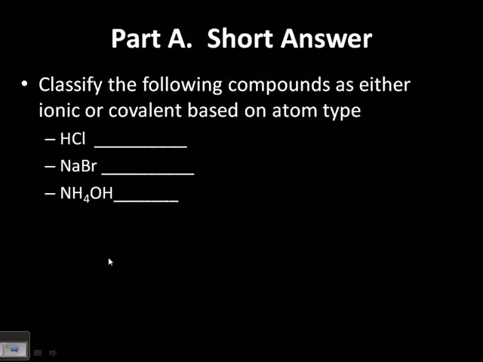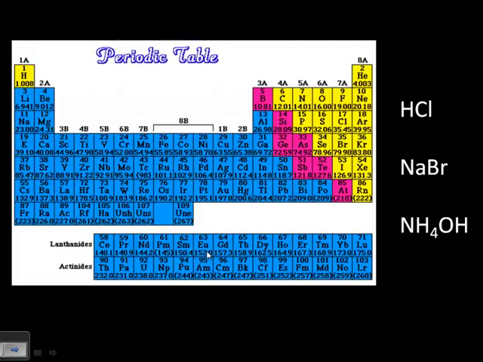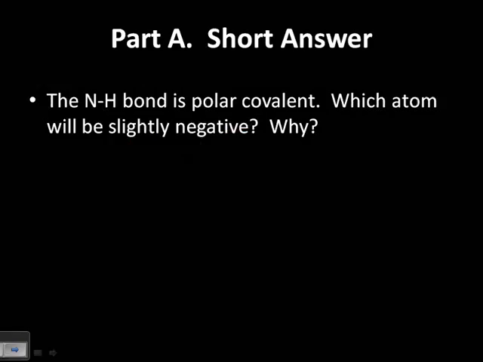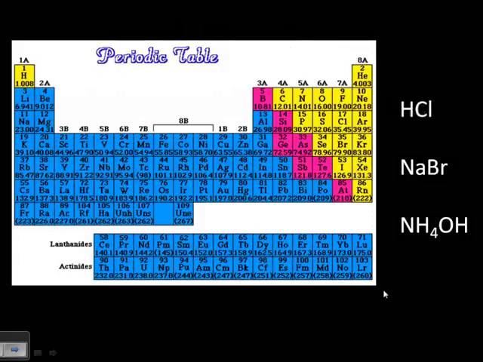Okay, it's telling us to classify the following compounds as ionic or covalent, so we need a periodic table to do that because the ionic compounds start with a positive ion or metal. Okay, so hydrogen is a nonmetal, chlorine's a nonmetal. Covalent compounds are made from two nonmetals. So this is a covalent or molecular compound.